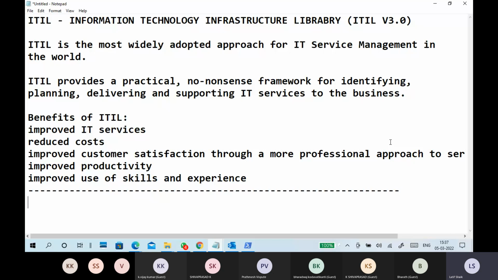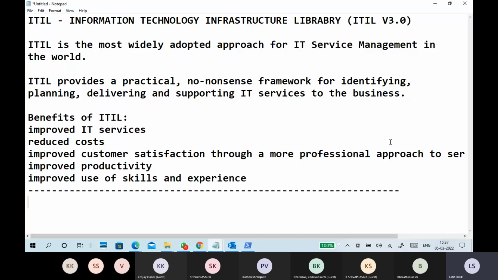The type of industry changes, and based on those changes they also change these life cycles. So what is this ITIL? The whole ITIL is a process management process. What is the process? ITIL is mainly to understand the IT business or to run an IT business.